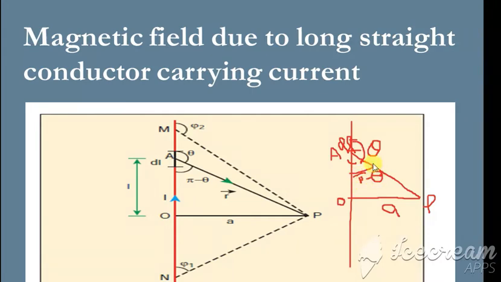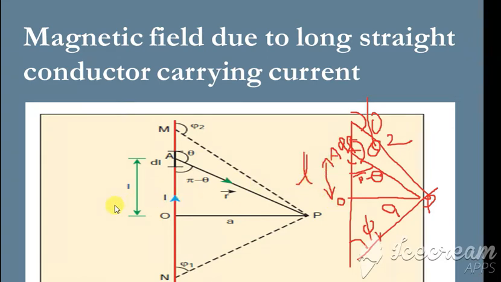Let us measure these values to be phi 1 and phi 2, and let us write this length to be L. So these are the terms which we have taken.